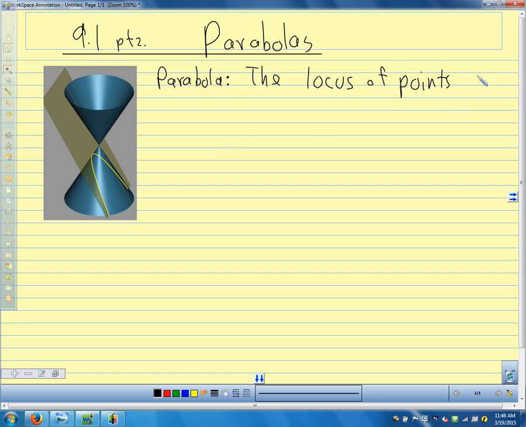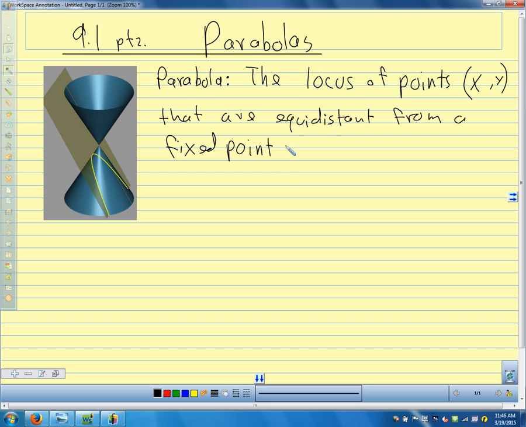Locus of points, and our points are just some point x, y that are on the parabola that are equidistant from a fixed point called the focus, and a fixed line called the directrix.